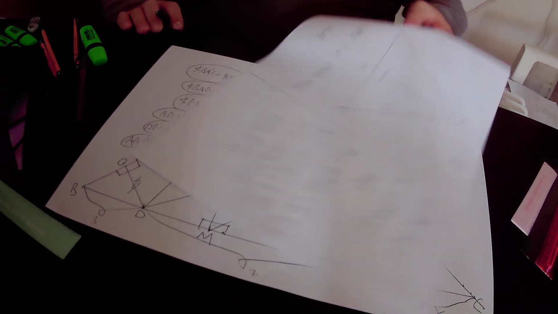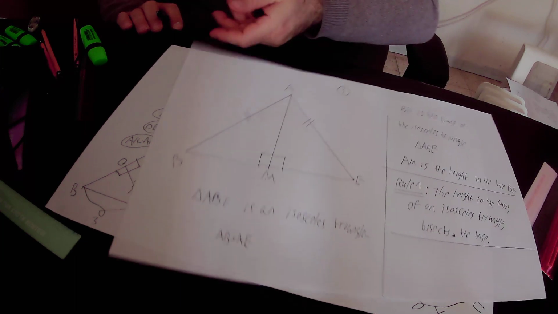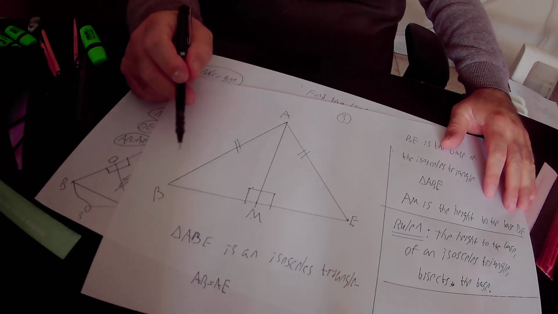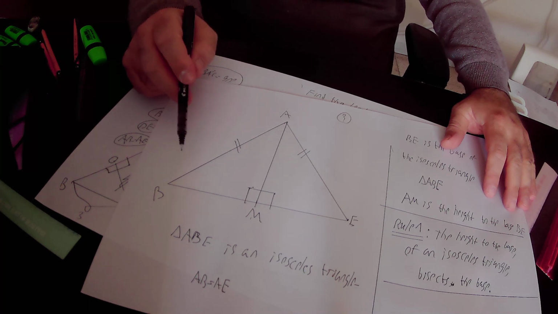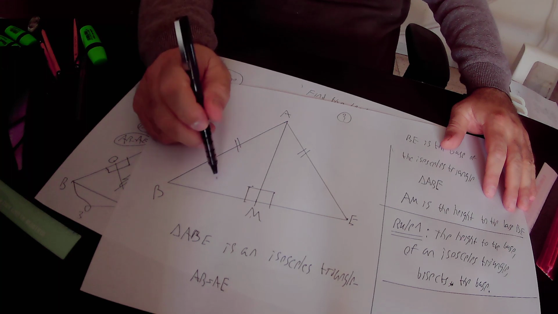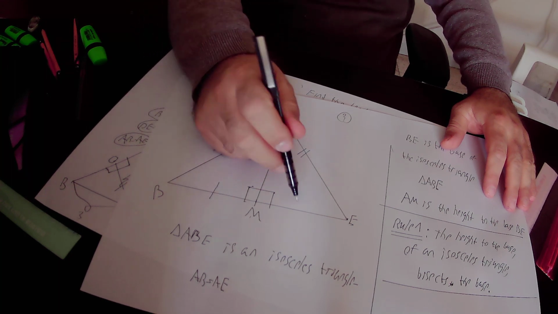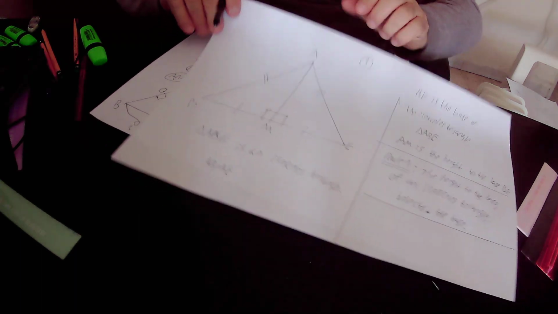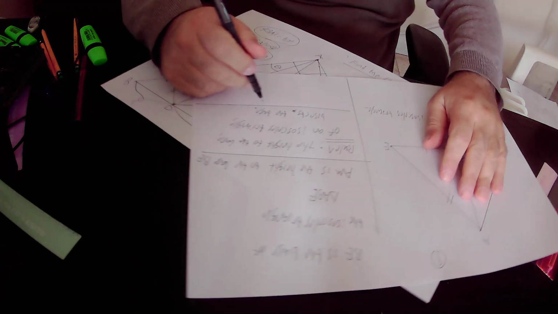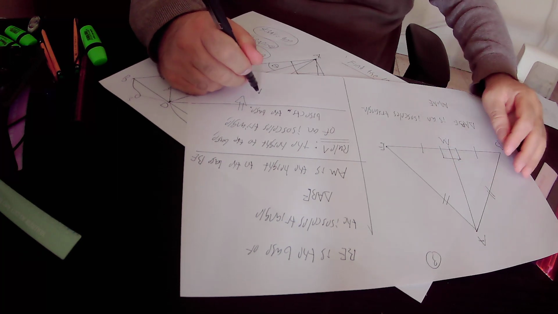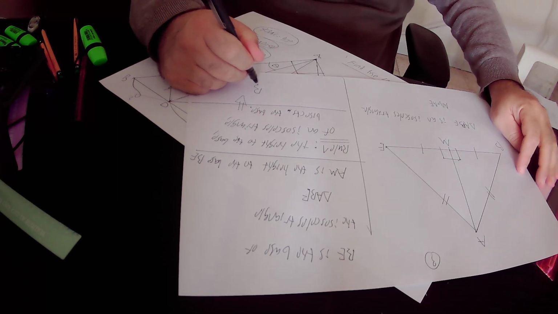So here, according to rule number 1, the height AM to the base BE bisects the base BE. That is to say, BM equals ME according to rule number 1.